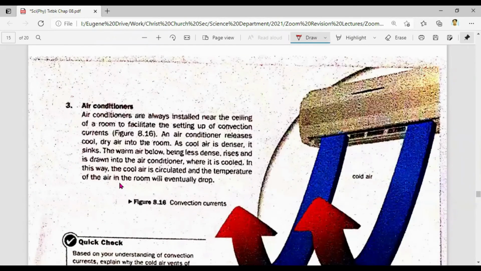The air conditioner, as I mentioned, is always placed at the top, right? Because if I cool the air, the cool air will sink. The warmer air will come up, and the aircon will cool it down again, so it will form a convection current.